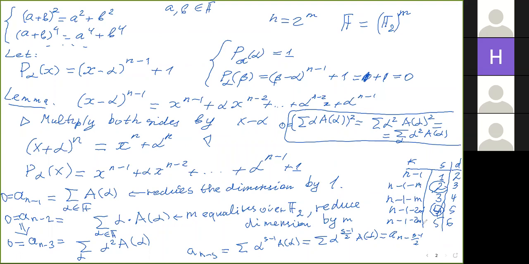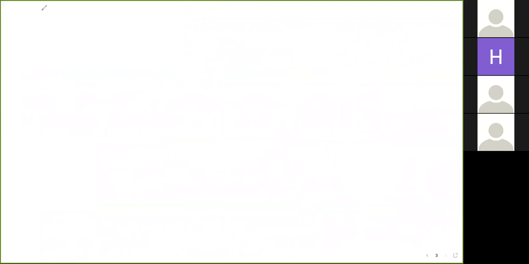So let's recall, let's come back to the parameters. Now we know what are the parameters. The parameters are the following ones. 2 to the m as the block length. Assume, say that S is even. Then we will obtain 2 to the m minus 1 minus m times s.